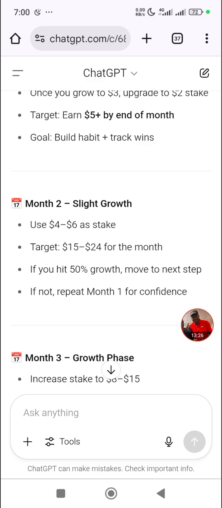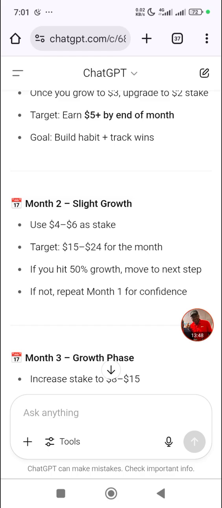By the time we make $4 times 3, meaning we have made $12, we will change the stake to $6. So if we do $6 and we are able to make it times 3 as well, it means 6 times 3, that's 18 plus 12, that's almost 30. So we're looking at making 15 to 24 for that month.